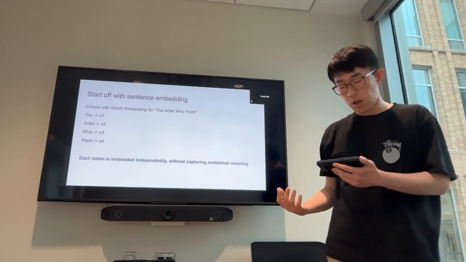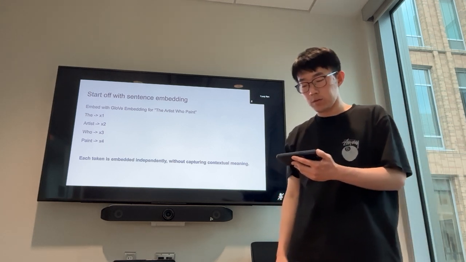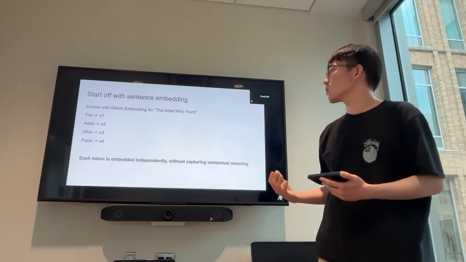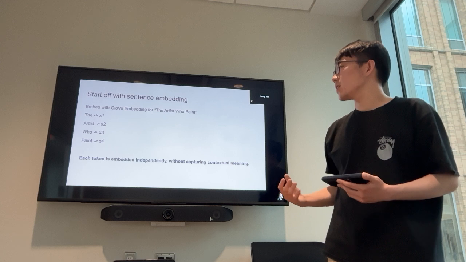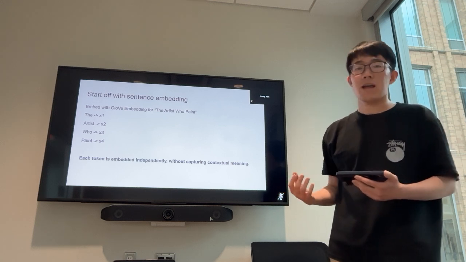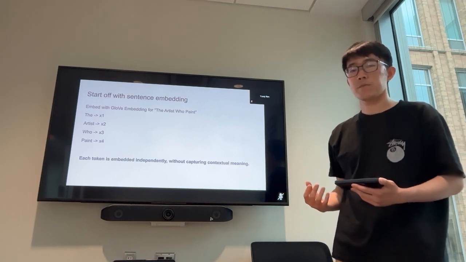In the famous GloVe embedding, with this example sentence, "the artist who paint", which has 4 tokens in total, we embed each word independently without capturing the contextual meaning.